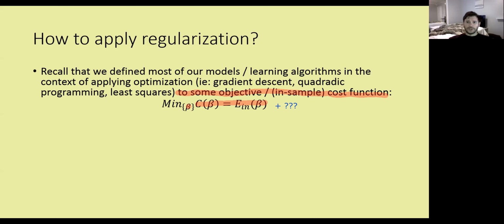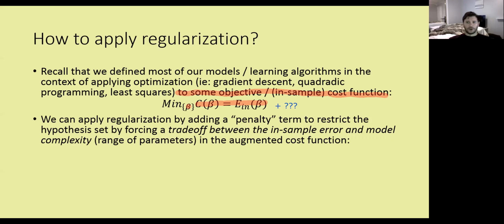So we're going to add a penalty term that's going to help us restrict the hypothesis set and really force this trade-off between the in-sample and the out-of-sample errors. Essentially, it's a trade-off between the in-sample error and the model complexity, the range of parameters, by using something called an augmented cost function, which is a cost function with a little something special added to it, as we had mentioned earlier.